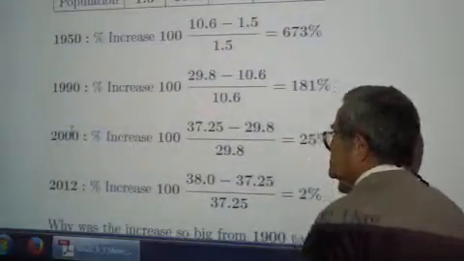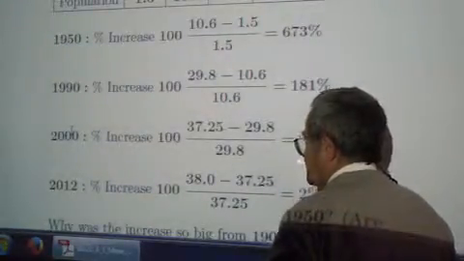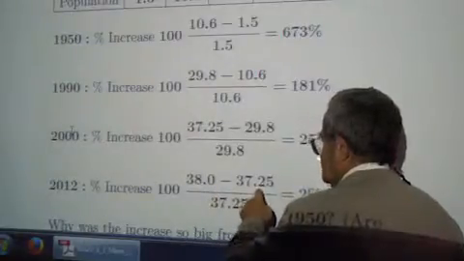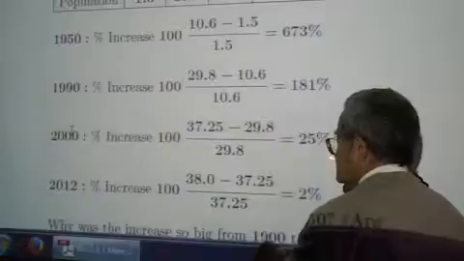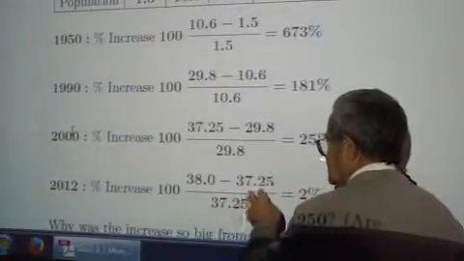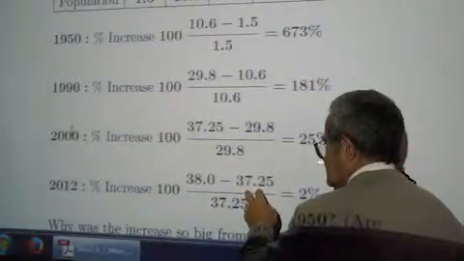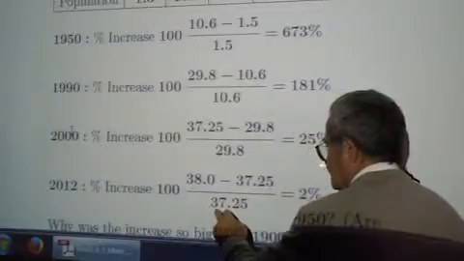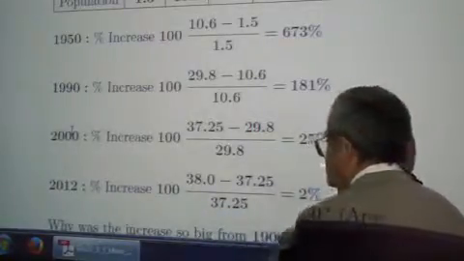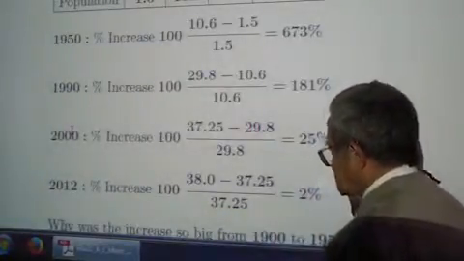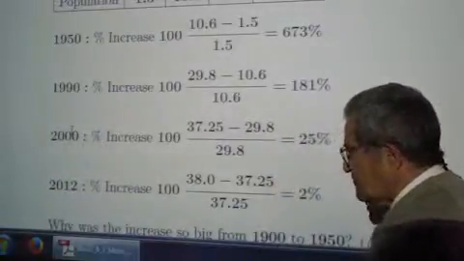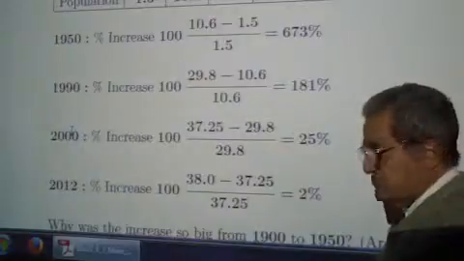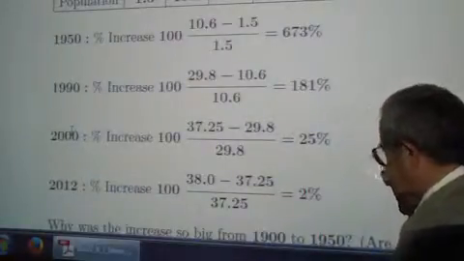From 2000 to 2012, 38 minus 37.25 over 37.25 times 100, 2%. Gee, so less and less people apparently are coming to California, or maybe more and more are leaving. Okay, bye-bye.